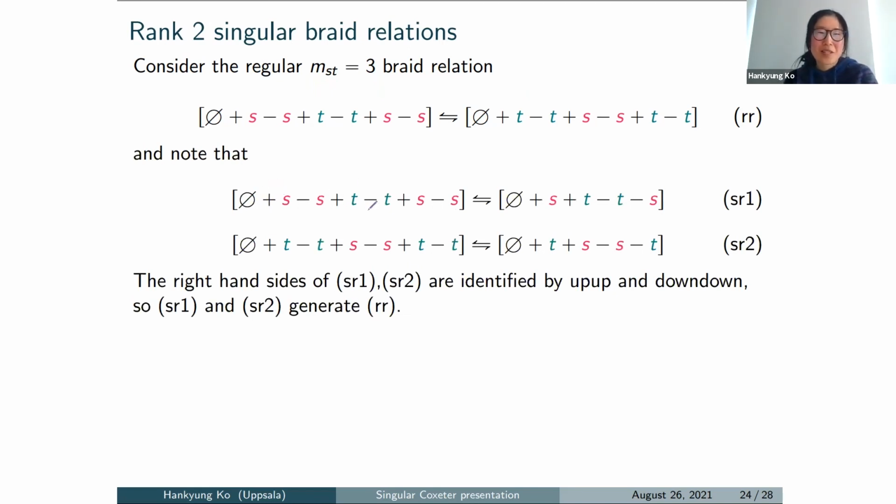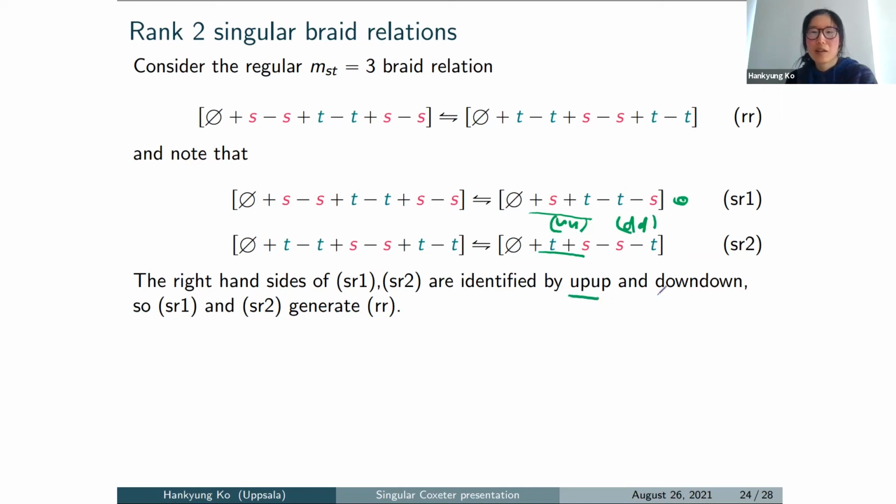So we observe the following, that if you consider these two equivalences, on the right-hand side you have S plus T minus S minus T, and you can apply up here to relate this and this, and you can apply down here to relate the latter.